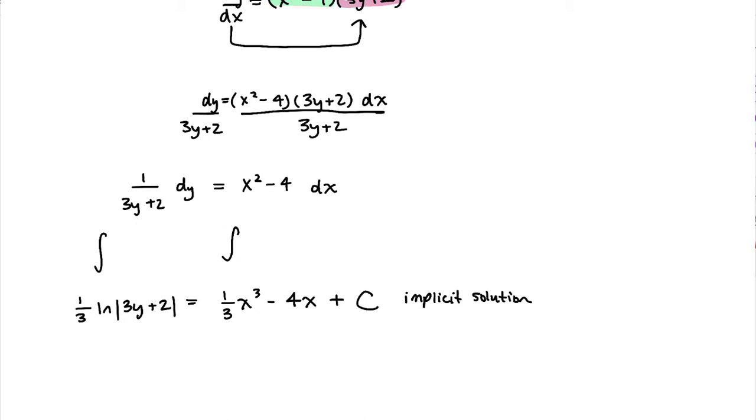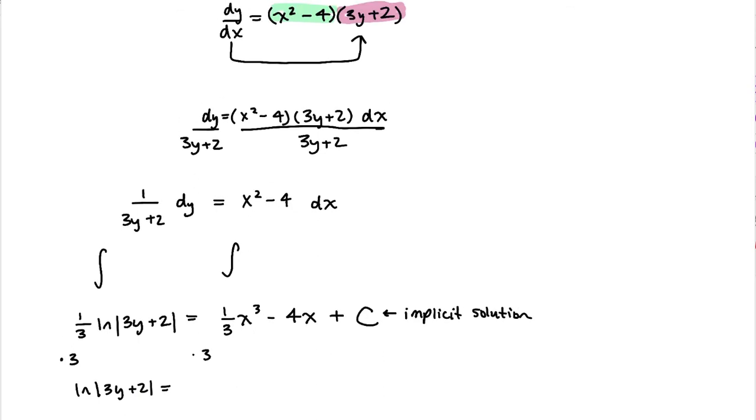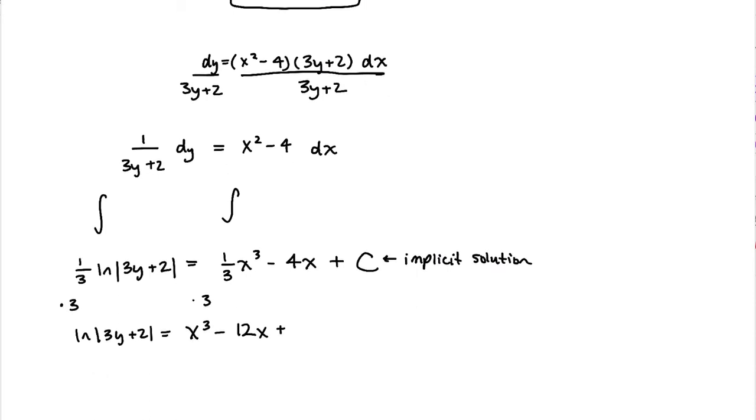If we wanted to get an explicit solution, we would have to go one step further and do some more algebra on this. So I would have to multiply both sides by 3. I'd get ln of 3y plus 2 is equal to 3 times a third, so that would be just x cubed minus 12x plus 3c.